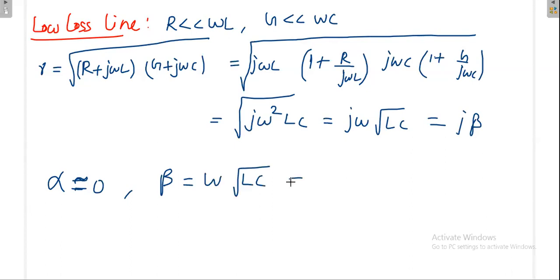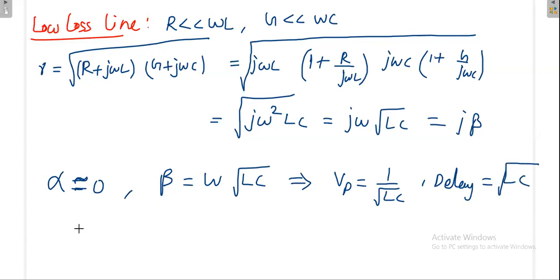Once beta is omega square root of LC, then phase velocity is 1 by root LC, then delay is equal to square root of LC. Then what is Z naught?